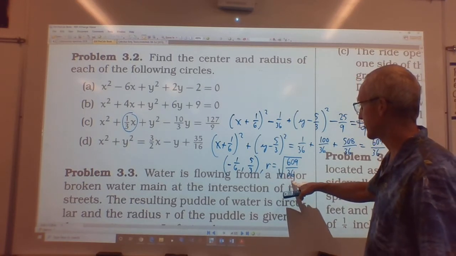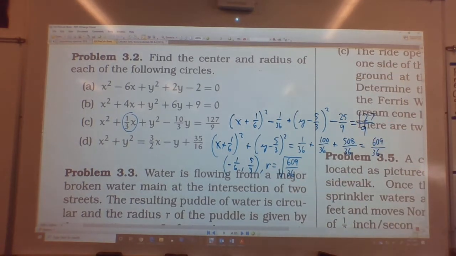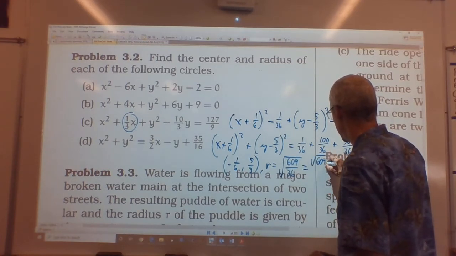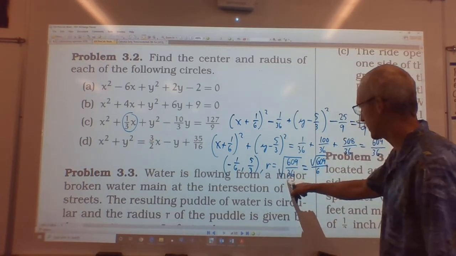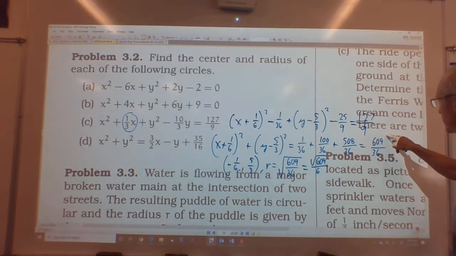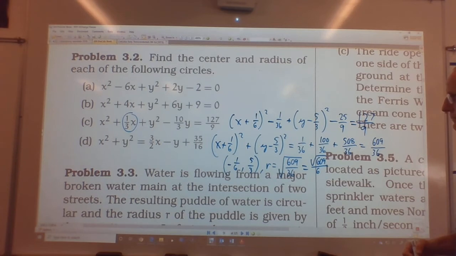Now, the square root of 36 you could do. 609 is not going to have a pretty square root. Let's try that. So, 609. Yeah, it's like 24.67. So you could rewrite this as the square root of 609 divided by 6, because the square root of 36 is 6. Doesn't matter. It's just the square root of this number, because this is the radius squared.